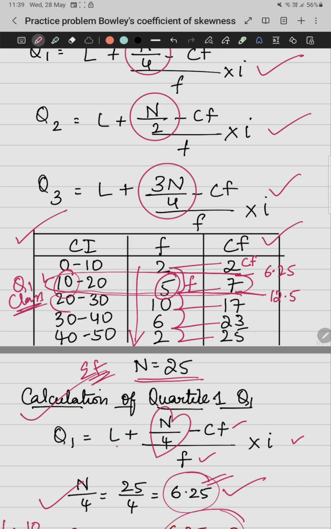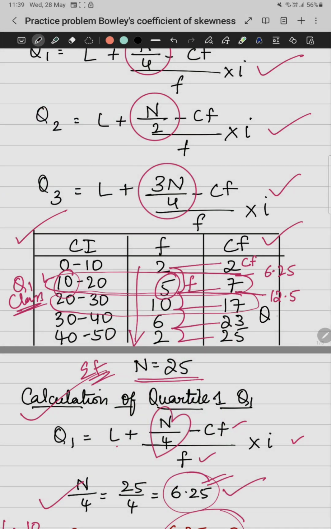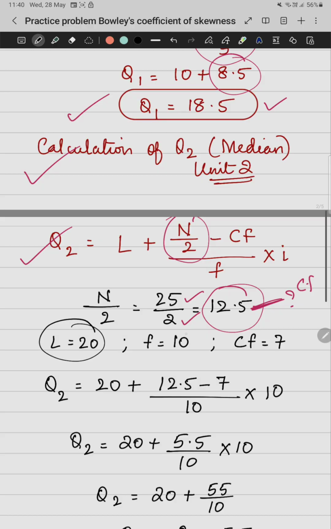So this becomes the Q2 class, the median class. Okay. So L value is 20, frequency is 10, cumulative frequency is the value above it, which is 7.